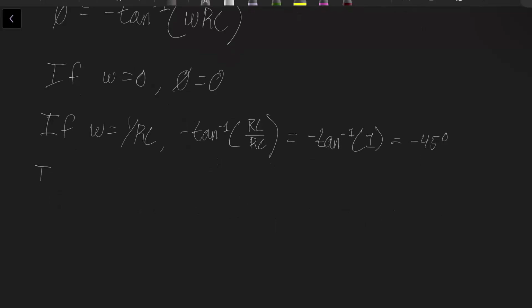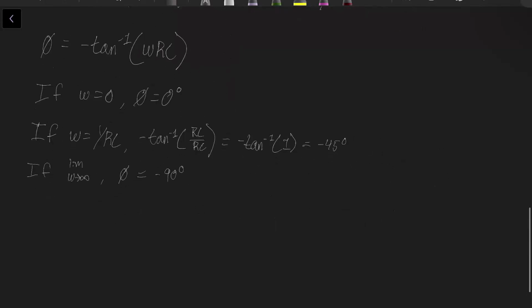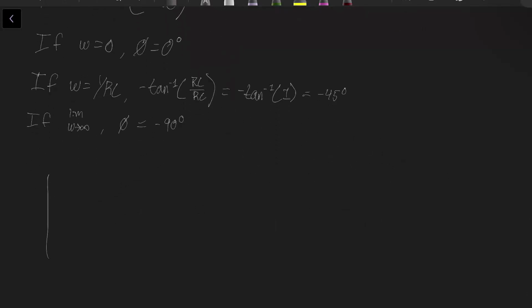And if we take the limit as omega approaches infinity, our phase is going to go to negative 90. This should be 0 degrees. Should make sure I have my units. So once we have these 3 points, we can approximate our phase plot based off of this.